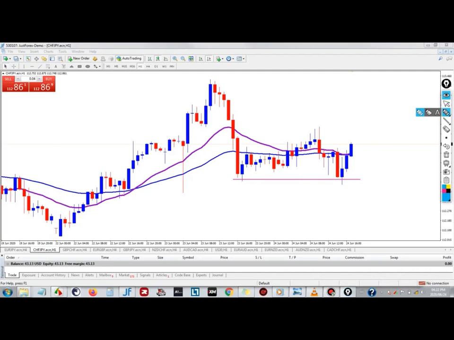Here the sellers came aggressively, but especially after this candle, what do we expect? Anyone, even the banks, hedge funds, any trader, expects the market to continue going down.